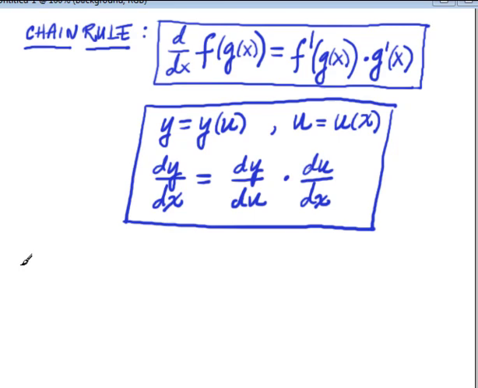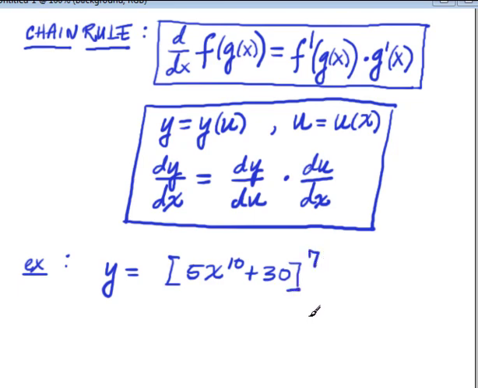All right, so let's do an example. In our first example, we have y is equal to (5x to the 10th plus 30), and that's all to the 7th power. In this case, our outer function is the brackets with exponent 7. That's our f in this expression. And our inner function is 5x to the 10th plus 30.